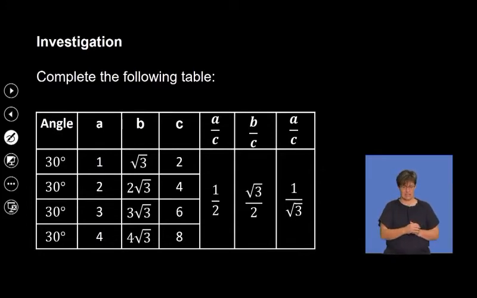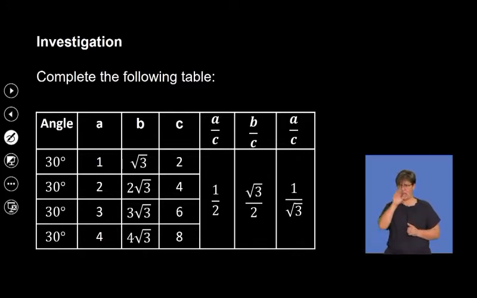So you can see that if you were to complete this, this is what it will look like. A over C will be 1 over 2 for all of them. B over C will be root 3 over 2 for all of them. And then A over B will be 1 over root 3.